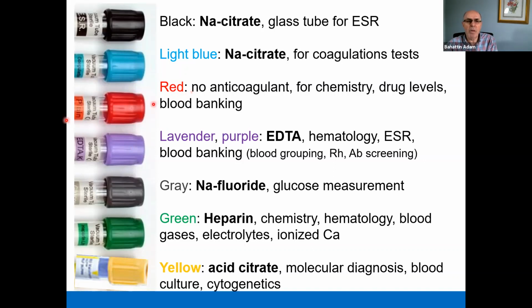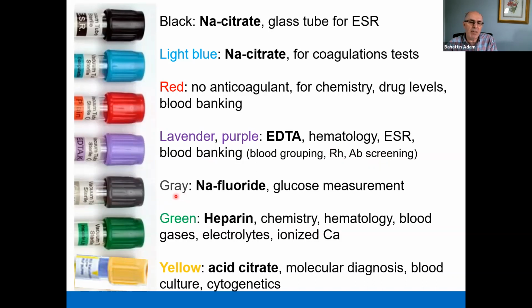The red tube has no anticoagulants and is used for chemistry, drug levels, and blood banking. The lavender or purple stopper includes EDTA and is for hematology and blood banking, such as blood grouping, Rh, or antibody screening tests.